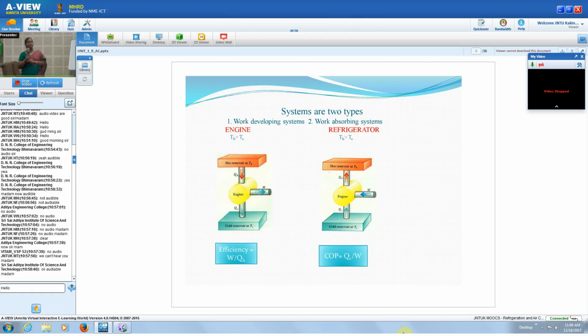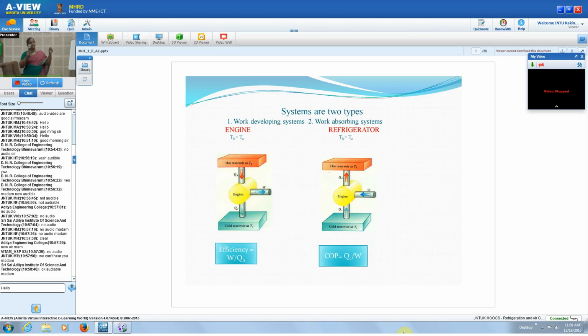If you see the right one, here is the cold reservoir. The cold reservoir is the space to be cooled, or the space to be refrigerated. That is done only by giving some work input. The second one is called a refrigerator or a heat pump.